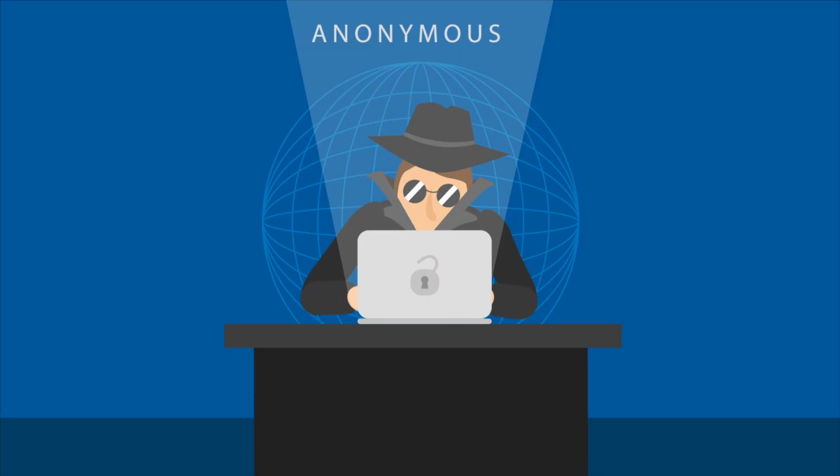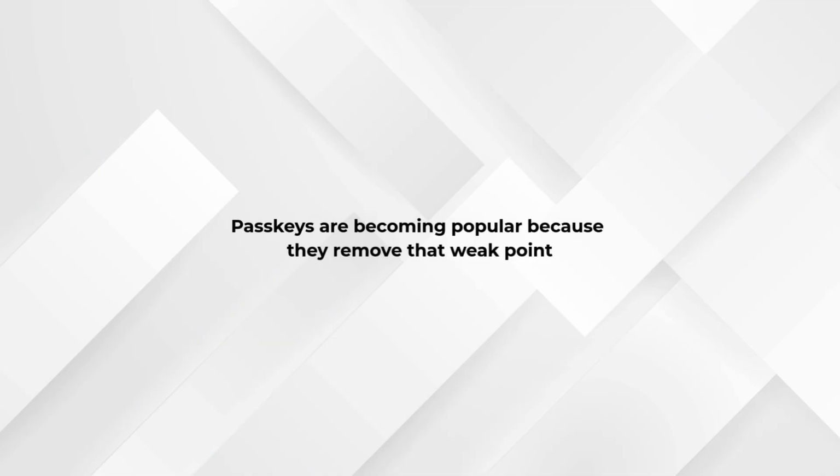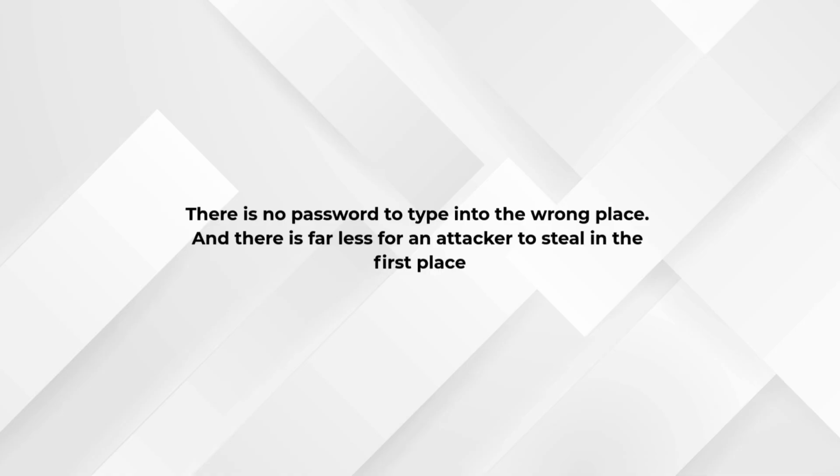Once a password is stolen, it can often be used from anywhere. It's like handing someone a copy of your office key without realizing it. Passkeys are becoming popular because they remove that weak point. There is no password to type into the wrong place, and there is far less for an attacker to steal in the first place.